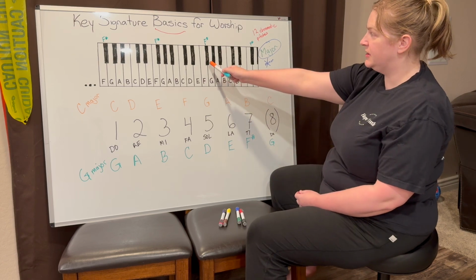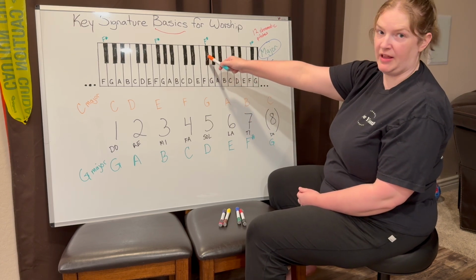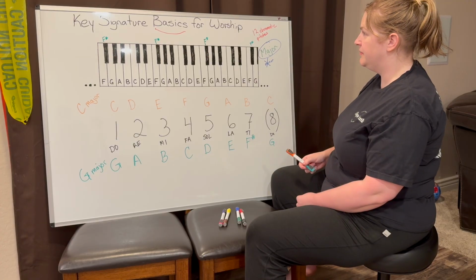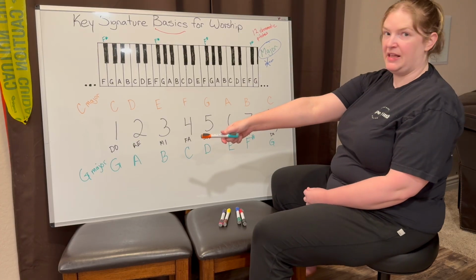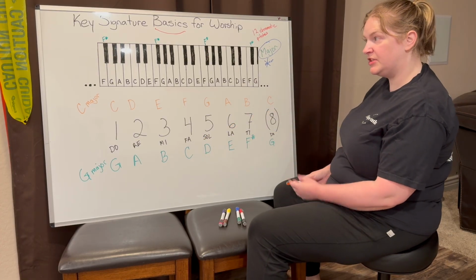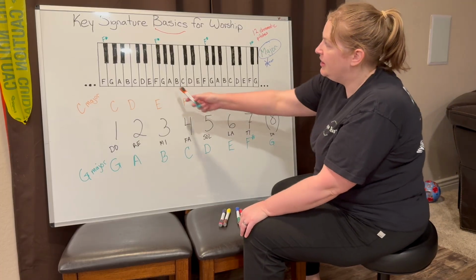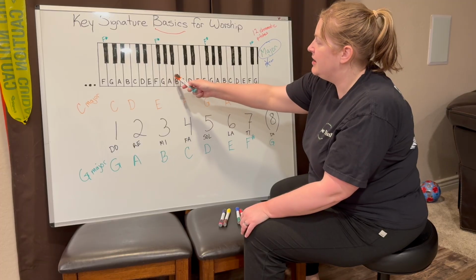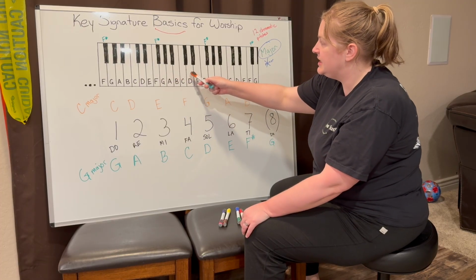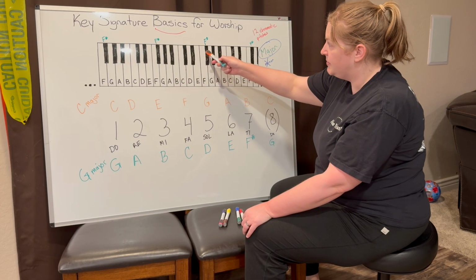The first of the 3 on your left is the F sharp, right there. So if you were to play the G major scale, which is those 7 notes, do, re, mi, fa, sol, la, ti, you would play G, A, B, C, D, E, F sharp, G.